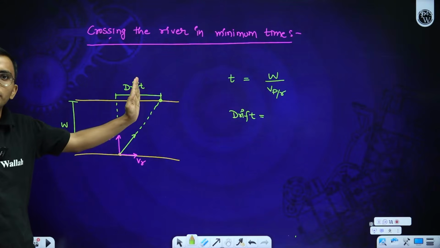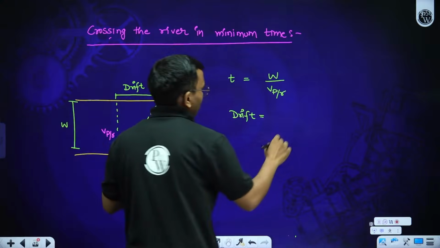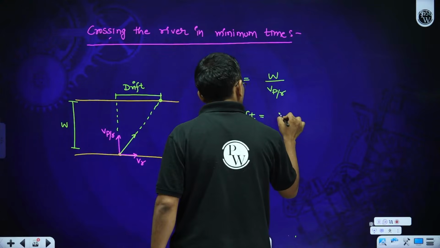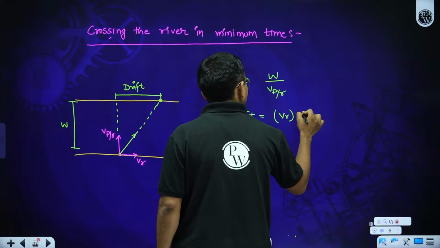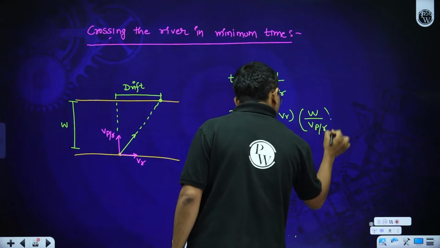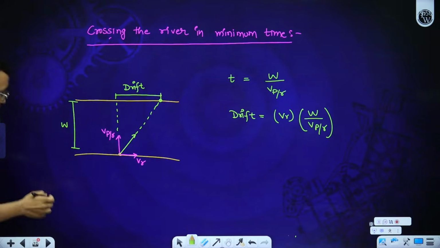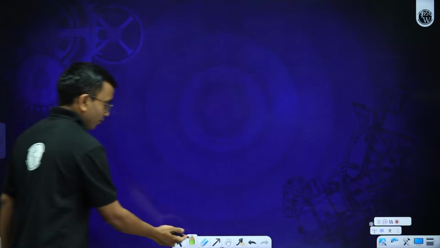Along the horizontal direction, the horizontal velocity is v river, into the time. Time is W divided by the velocity of the person with respect to the river. This is the minimum time case. Then zero drift.